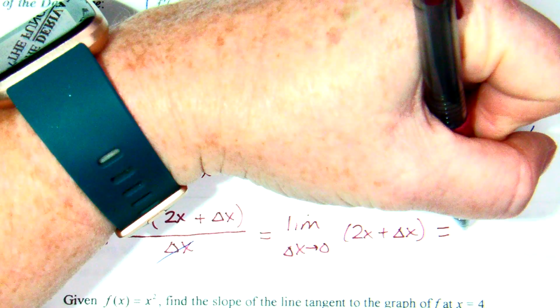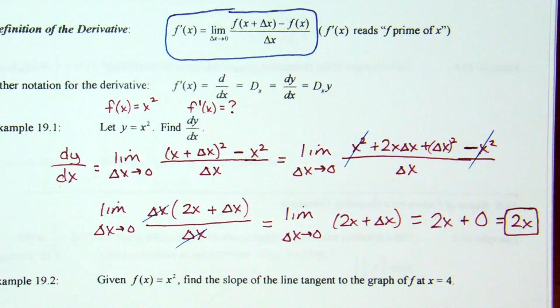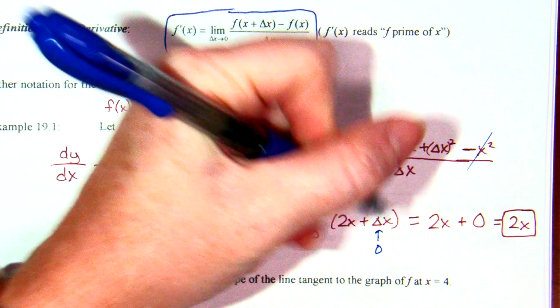So 2x stays 2x plus delta x, which is 0. What is 2x plus 0? 2x. So all of that worked to say the derivative of x squared is 2x. And that was because we put in 0 for delta x there, if that helps.